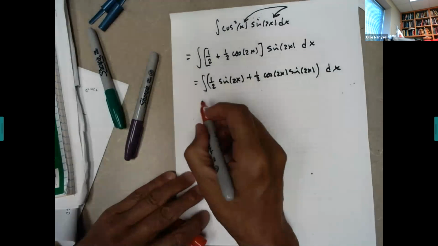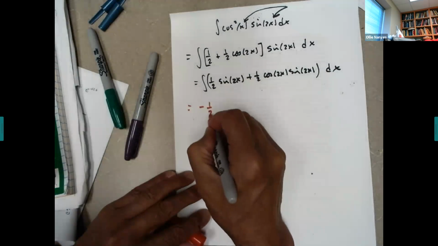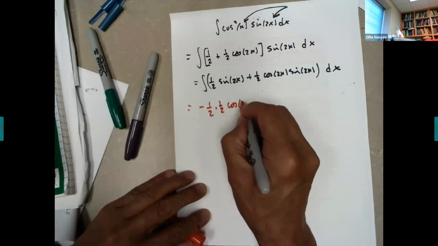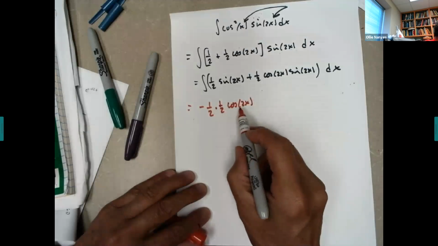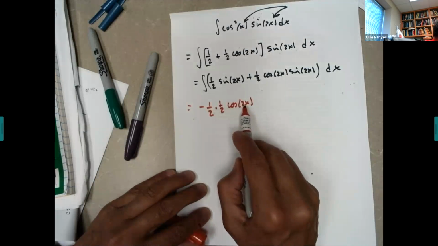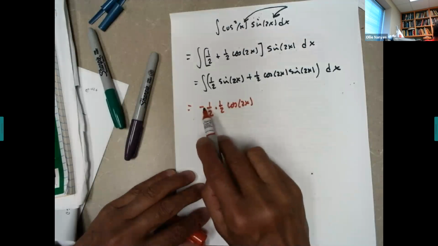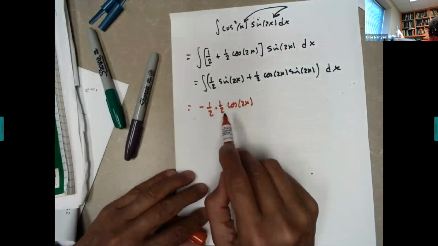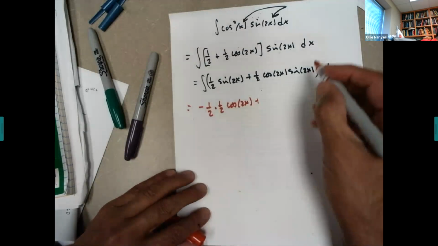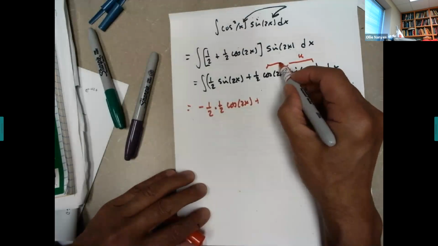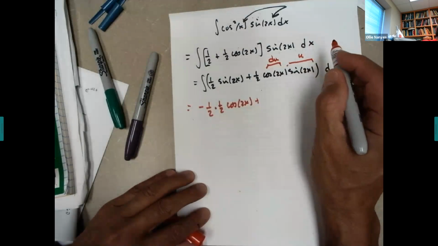The very first integral here would be minus 1/2 times 1/2 cosine of 2x, because the derivative of cosine of 2x is minus 2 sine of 2x, so that accounts for the negative sign. In this case, I'm going to let this be your u here, and your du will be this.